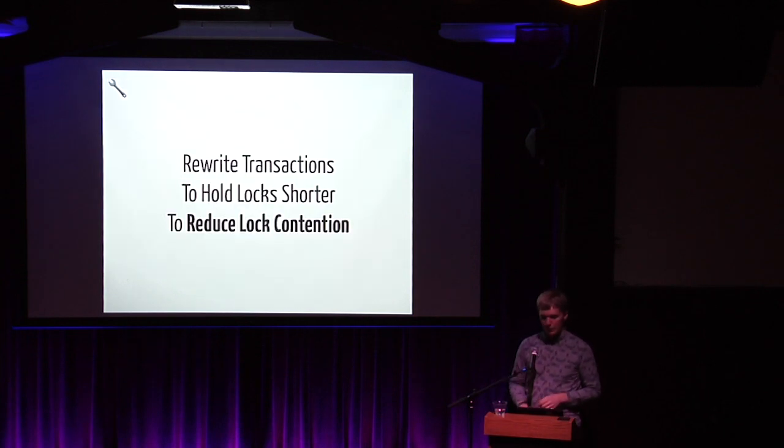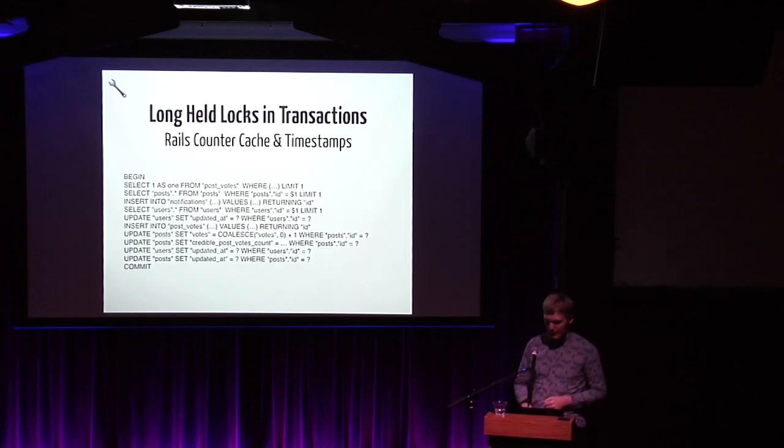The thing I want to call out for the ORM users here is really watch out for how complex your transactions get, because when I usually see lock contention, it's because of complex transactions that people don't intentionally write. And here's an example from Rails. So Rails has a counter cache, which is transactional and safe to update, a +1 essentially. And so what it does here, it's a begin, then it does a bunch of selects, it does an insert, does another select, then there's probably some Ruby side changes that it's doing.